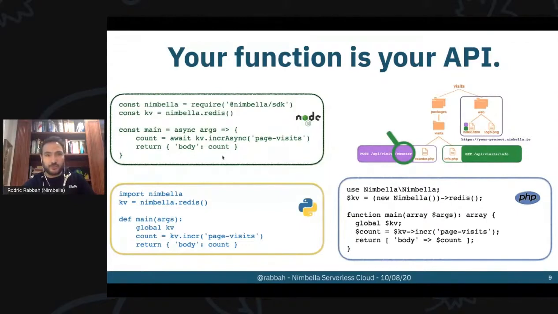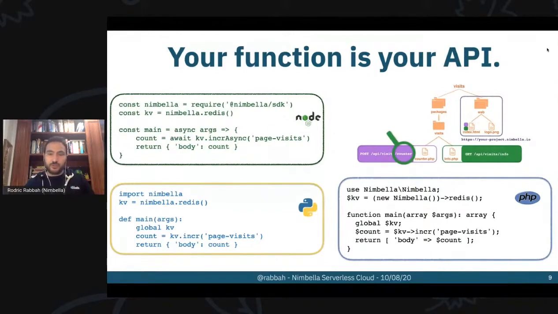You'll see in JavaScript, or Node, more accurately, I'm using the increment function, and it's async. So I'm using async await as my idiom here, and I'm getting the counter incremented, and I'm returning that count. Python, the same code, saying, hey, Nimbella, give me my Redis instance. And I increment, return. PHP is the same thing. One aspect you'll notice about this is that this Redis instance, I don't have to configure in any way.